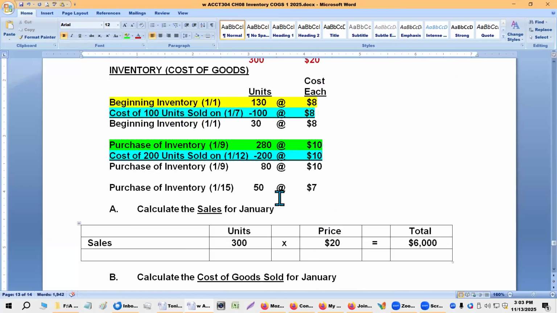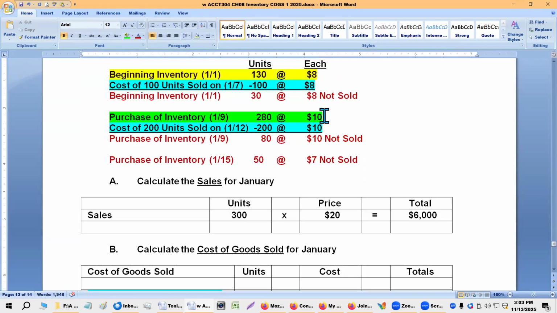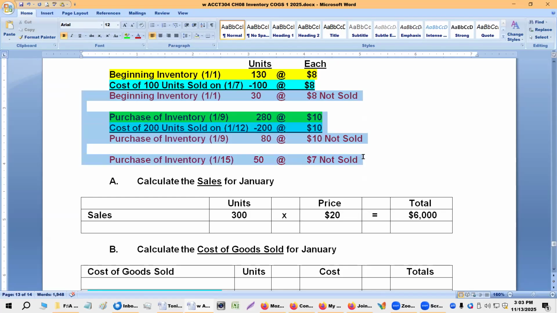And now the really fun stuff. So these are what was not sold. Just gonna copy these 3 layers down.